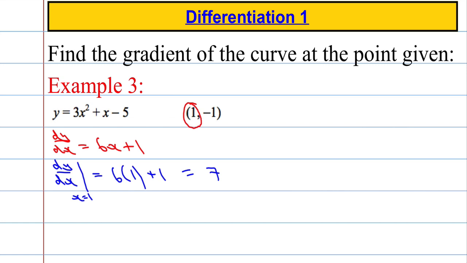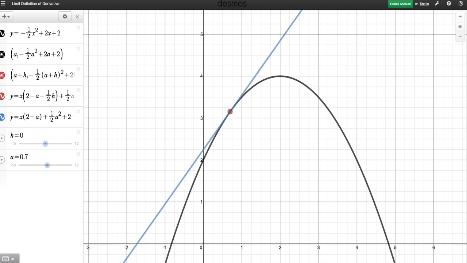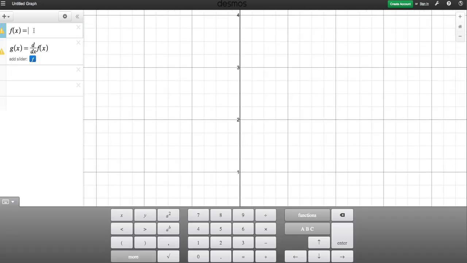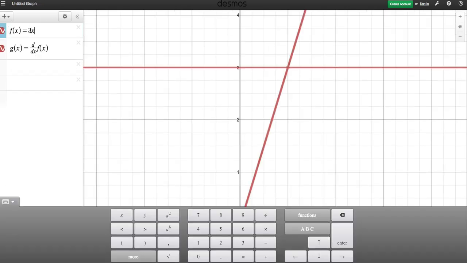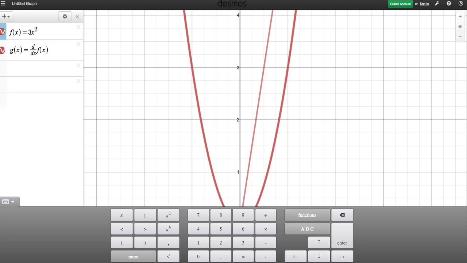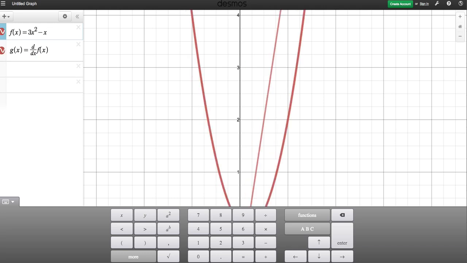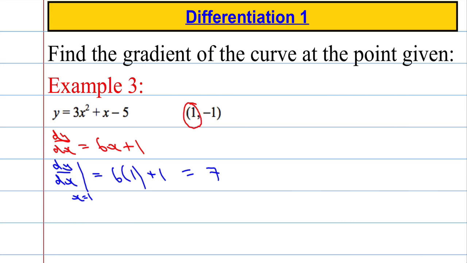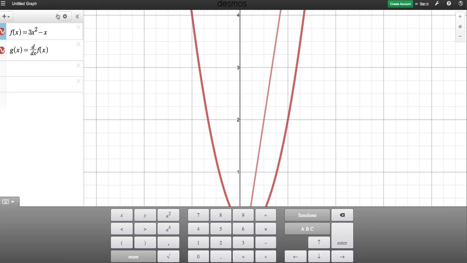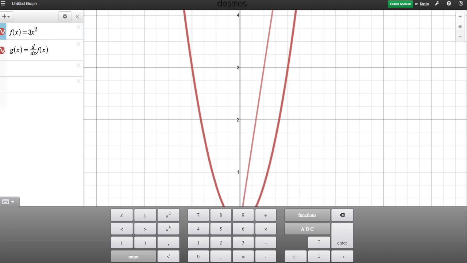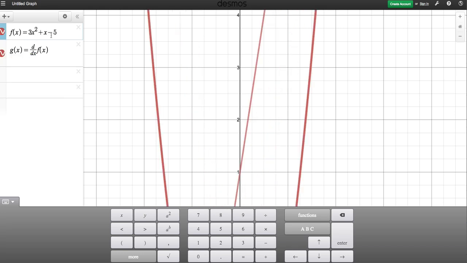Now I just want to demonstrate this one using my favorite tool, Desmos, and show you exactly this. So we had 3x squared plus x subtract 5. So f of x or y equals 3x squared plus x subtract 5.